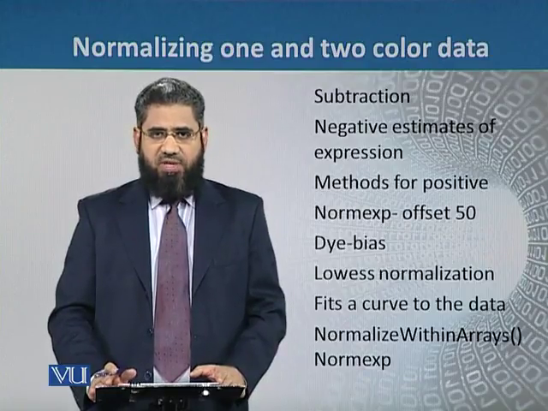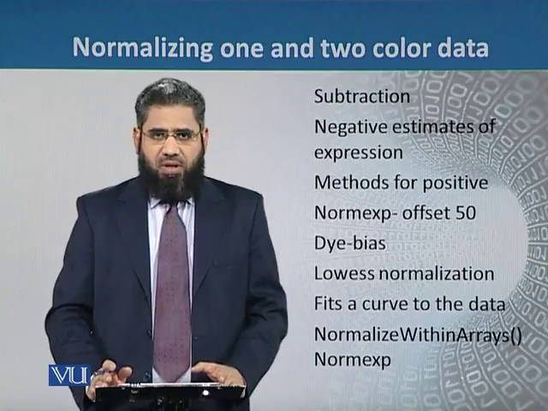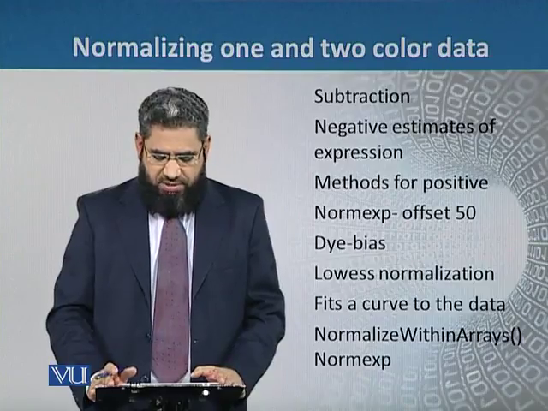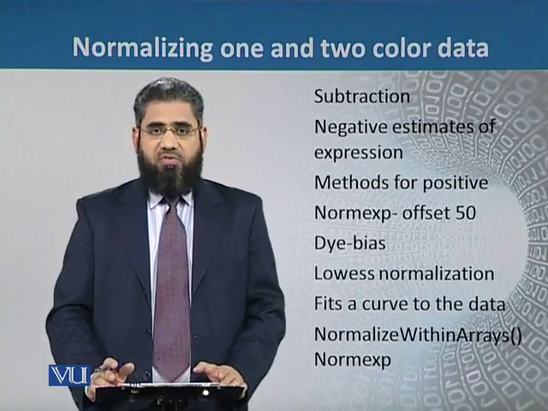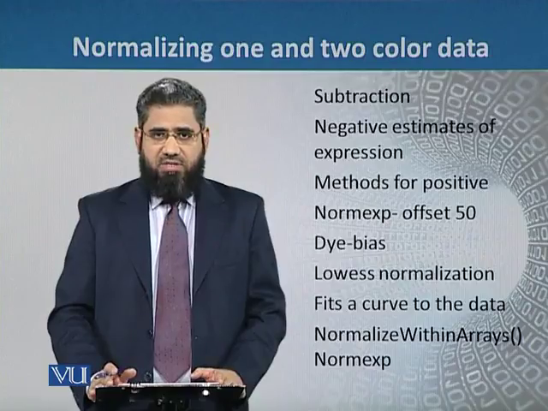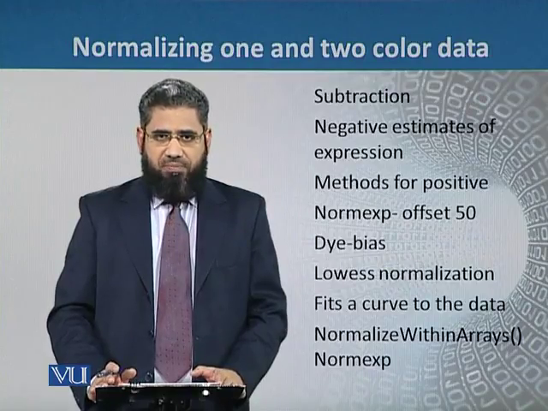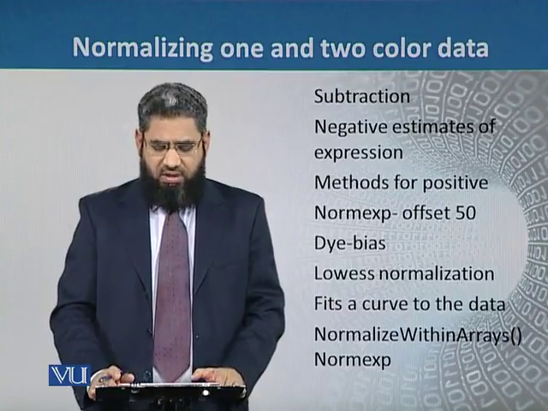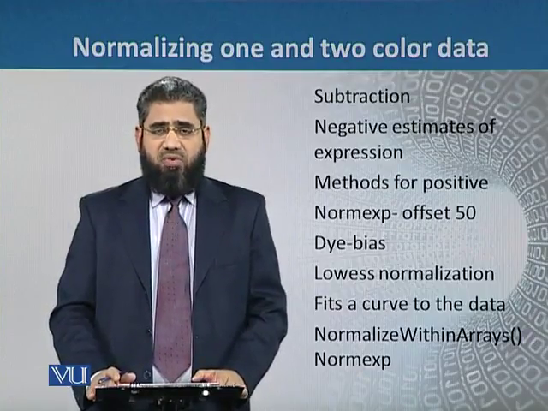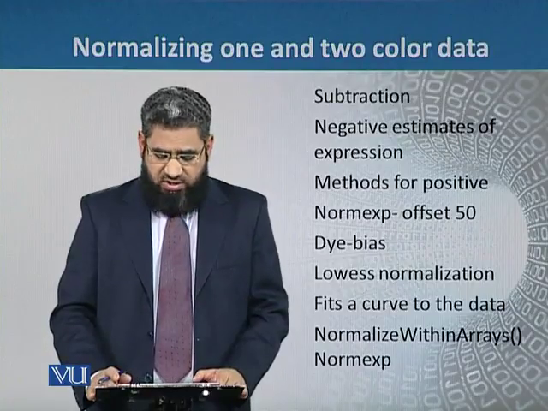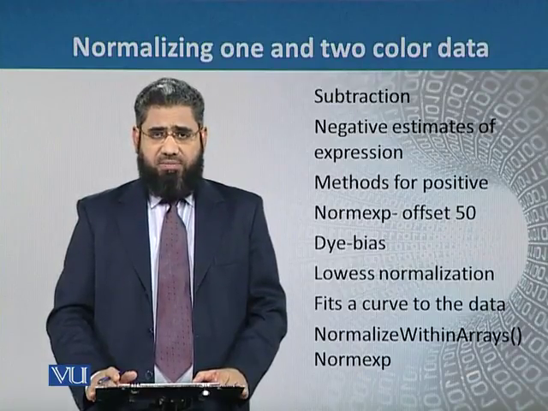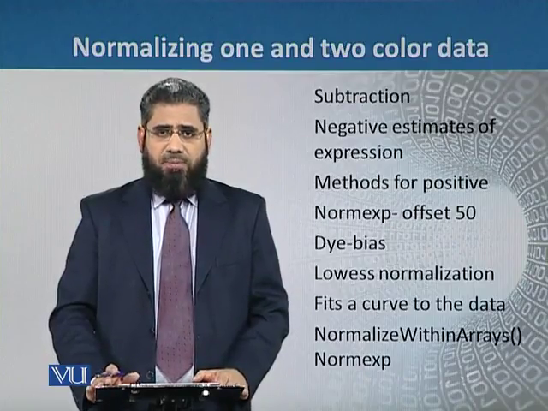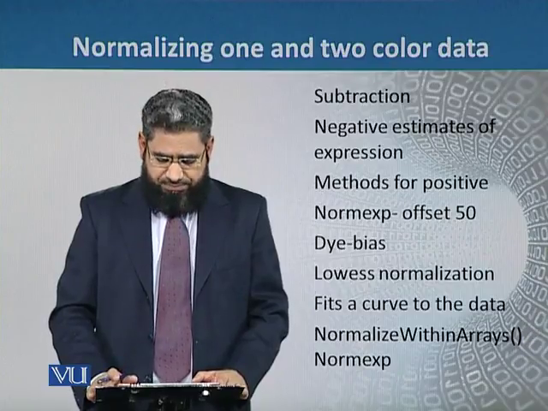So when we use these dyes as a chromogen and dye the samples, this difference in the dye color hinders the proper processing of the data. To overcome this dye bias problem, we have another tool known as the loess normalization. When we use loess normalization, the problem of dye bias can be overcome.